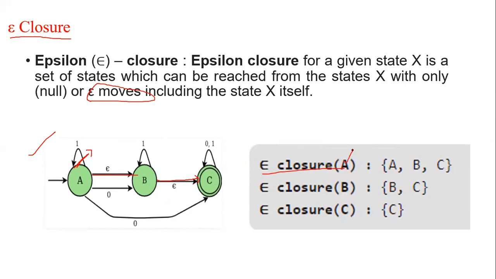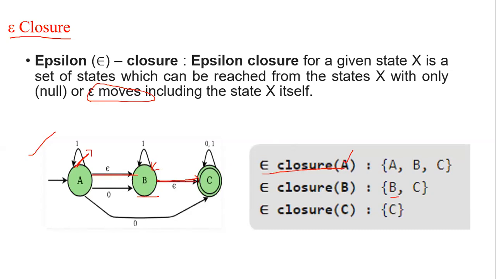Is it clear? And epsilon closure of B, how can we calculate it? We have to start here. The initial state you have to mention is B, and from this state, with the help of epsilon, how far can we travel.